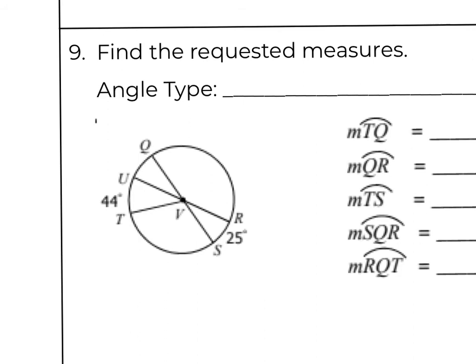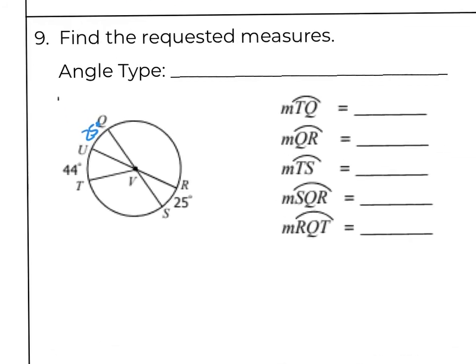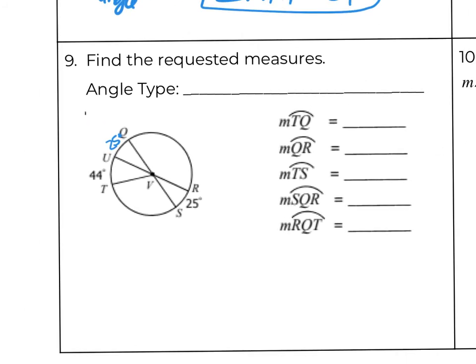Vertical angles are where they cross, like they make an X. So if RS is 25, its vertical would be QU, making QU what? 25 also. Verticals are congruent. Okay, so after you have that, remember you can use 180, 360. So I want you to try to find all 5 of those. You have 1 minute.